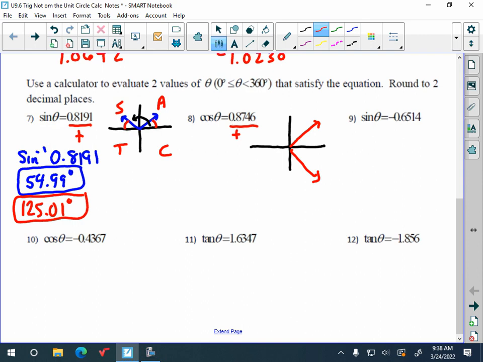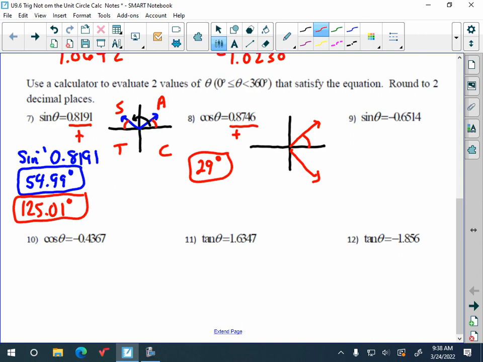All right, so now we're going to do the cosine inverse of 0.8746. And so you get 29.00, so that's 29 degrees. And we can see that that's this angle right here. That's in quadrant 1. So we found one of the angles, 29 degrees.